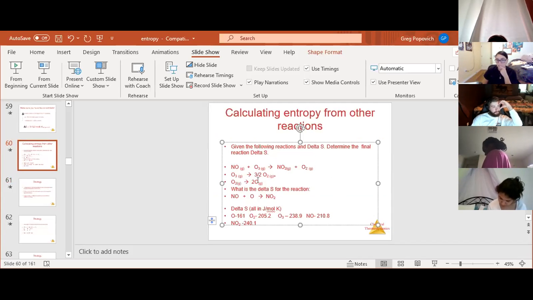Remember, we flipped this one and divided by 2. So I'd have to take what the delta S is of that third reaction, flip the sign of it and divide that by 2, because that's what I did to the reaction. I think I did something strange for this one.